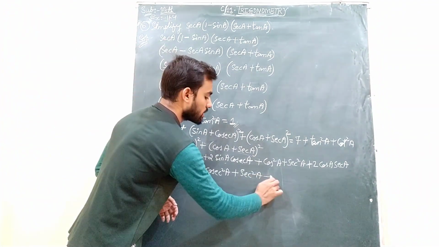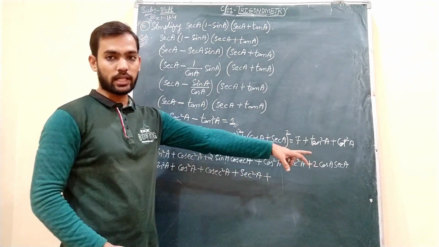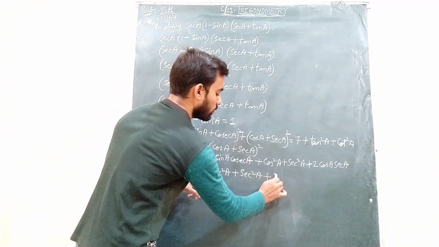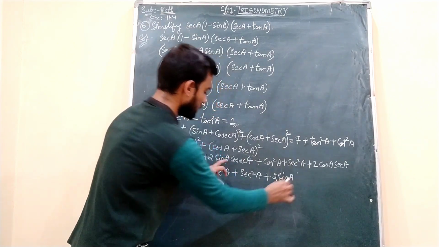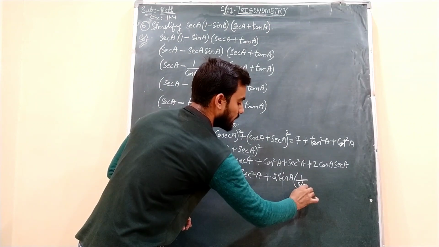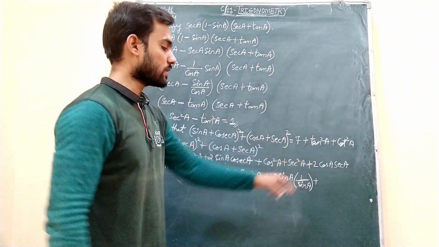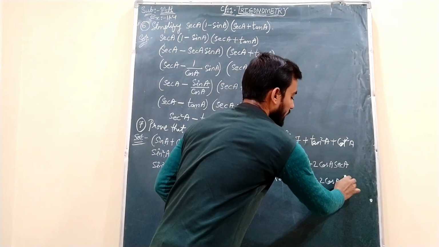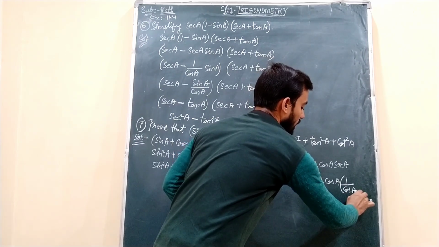Okay, plus these two sine A cosecant A, 2 cos A secant A are remaining. So how I will write this means, this 2 sine A into this cosecant A can be written as 1 by sine A. Okay, plus here also same 2 cos A, this secant A can be written as 1 by cos A.